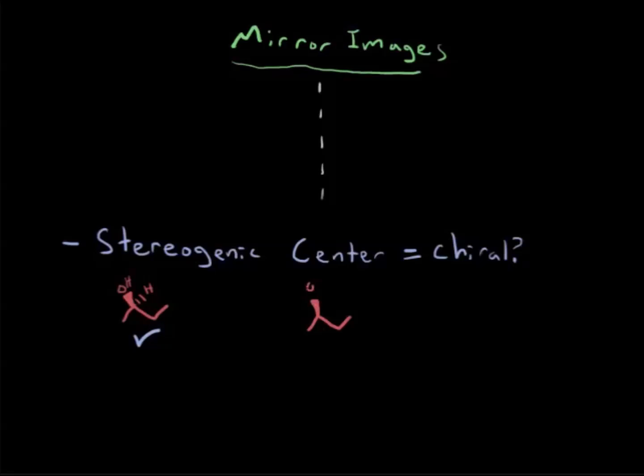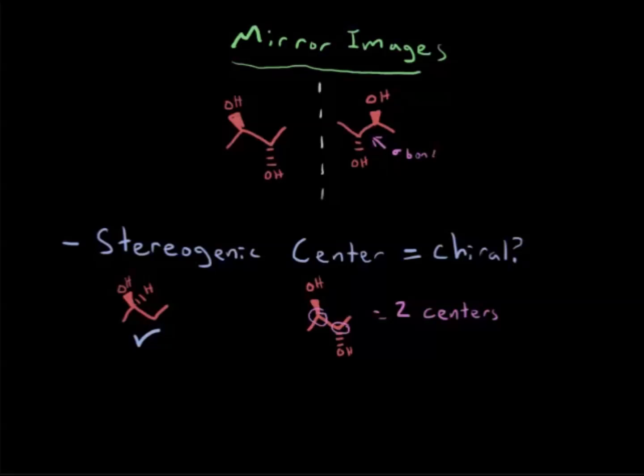But what if we add another functional group to it? Okay, now we have 2,3-dihydroxybutane. There are 2 centers here. Let's take a look at this. Okay, just drawing it right up here. Let's take this mirror image. Going down on the inside. This one's coming out. Notice right here we have a sigma bond. And remember what we can do with sigma bonds.